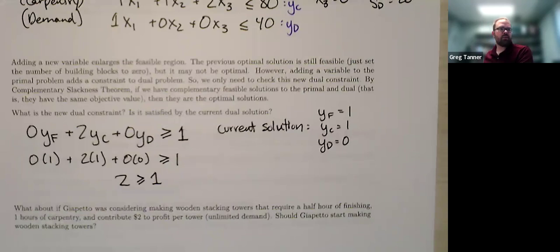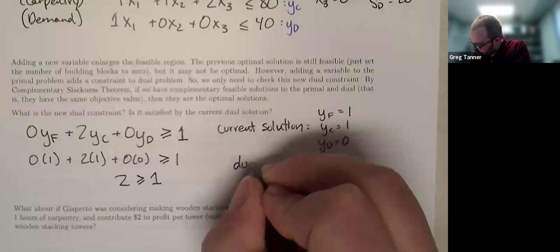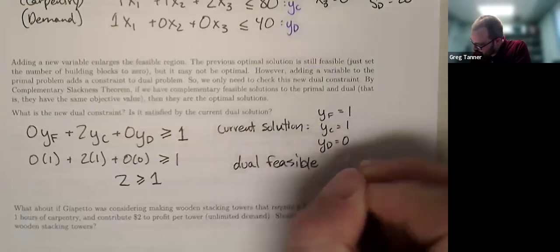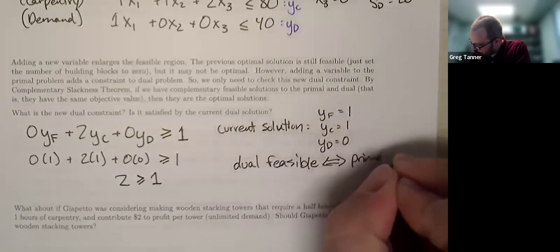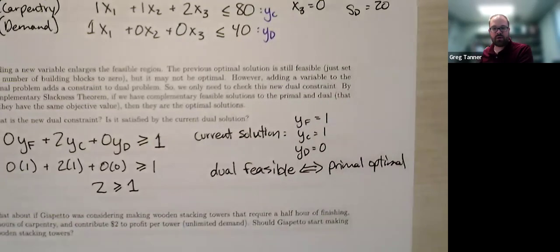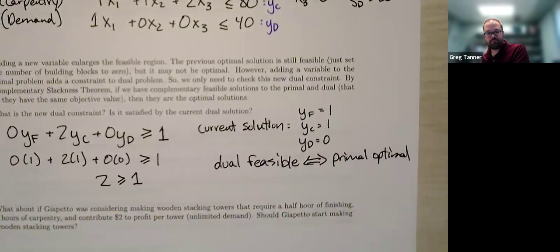Another way to think about this, maybe I'll write that down. This constraint is dual feasible, which is equivalent to being primal optimal. If we satisfy the corresponding dual constraint, then we're still optimal in the primal problem.